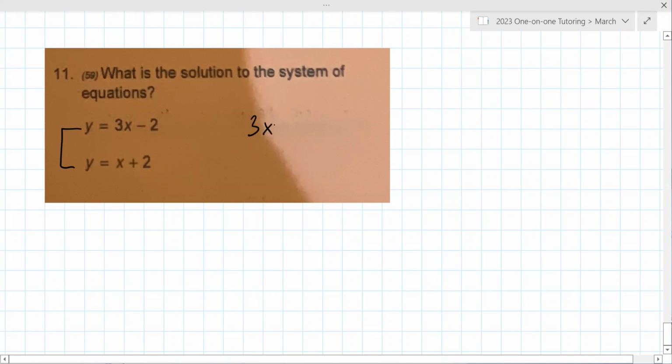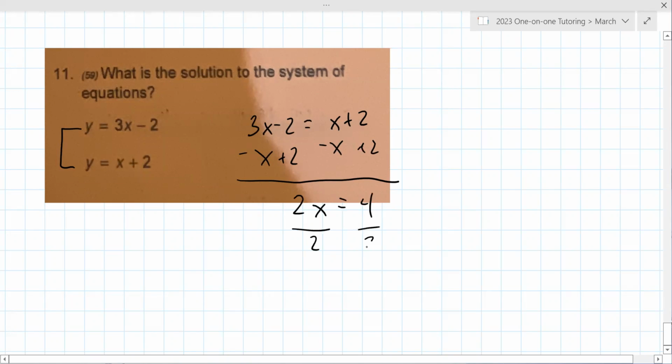You can set 3x minus 2 equal to x plus 2 and solve for x. Subtract x from both sides, add 2 to both sides. 2x equals 4. Divide by 2, so x equals 2.